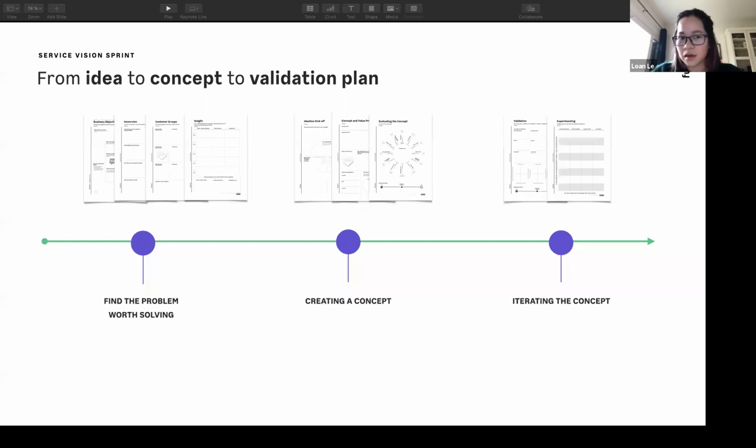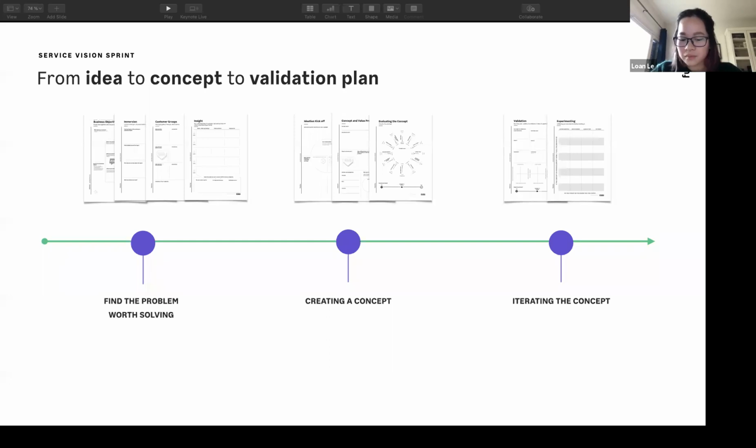And if you want to take LSC into your design process, never skip that canvas. Even though it doesn't sound like design or it doesn't sound fun, it's very business focused, but it is very important for you and your whole team to be on the same page on the business problem. Then you can start ideating around that.